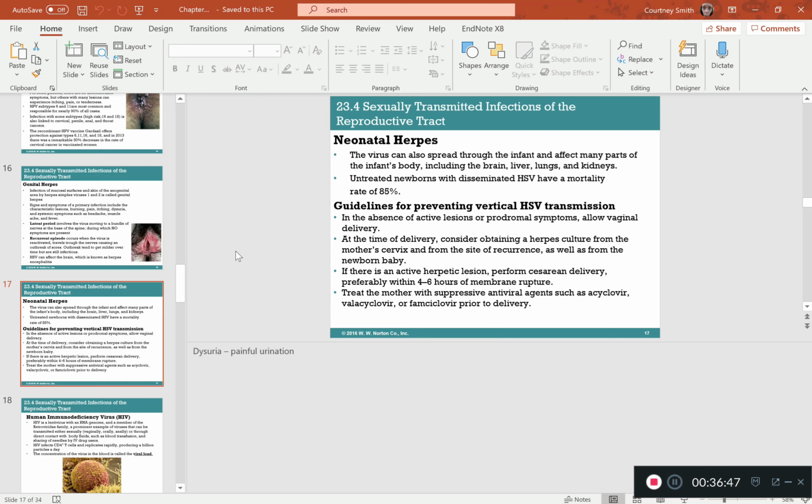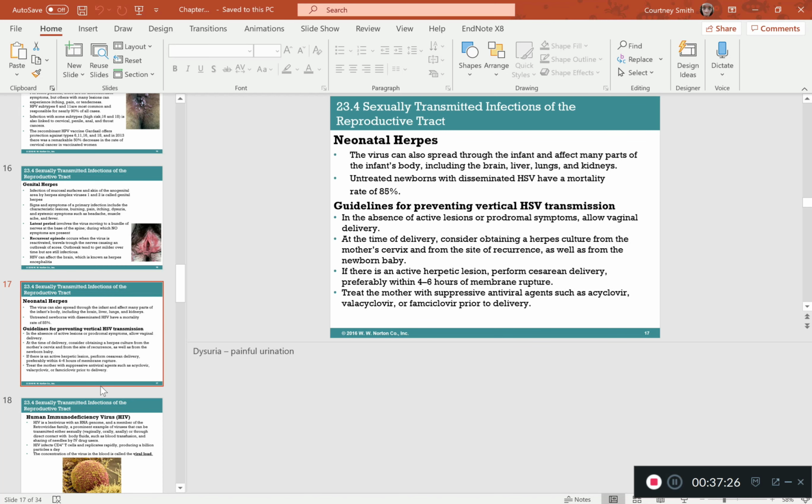But if the mother is experiencing an episode or just experienced an episode, a lot of times a cesarean delivery will be preferred in order to preserve the fetus. And then also, a mother may even undergo some antiviral prophylactic suppressive treatment during her last trimester in order to minimize the risk of an episode, because labor and pregnancy is very, very harsh on the body, and that can actually reactivate the herpes virus.